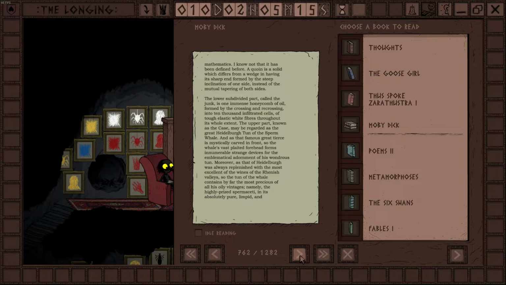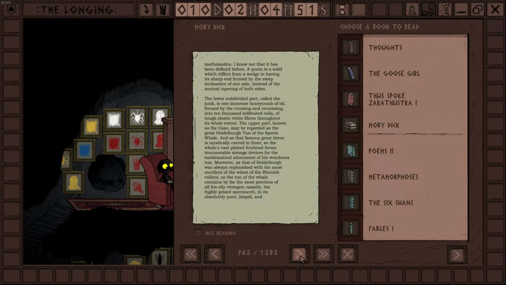The upper part, known as the case, may be regarded as the great Heidelberg Tun of the sperm whale. And as that famous great tierce is magically carved in front, so the whale's vast plated forehead forms innumerable strange devices for the emblematical adornment of his wondrous tun.